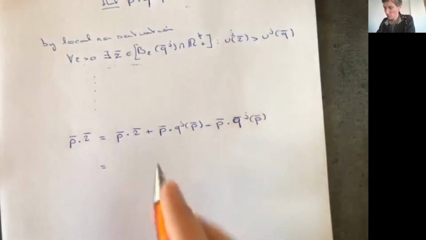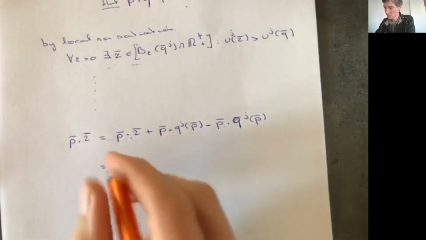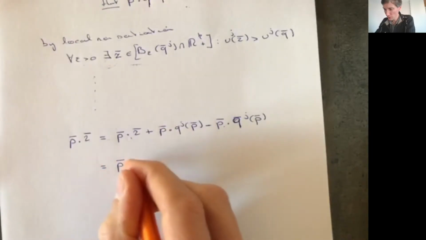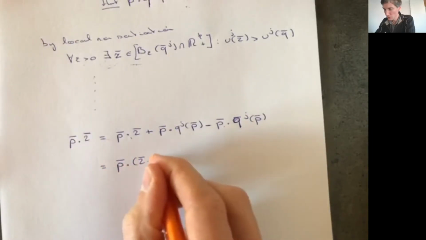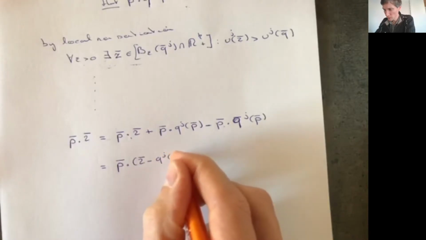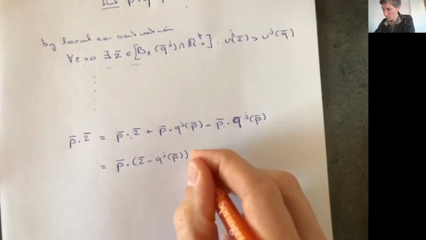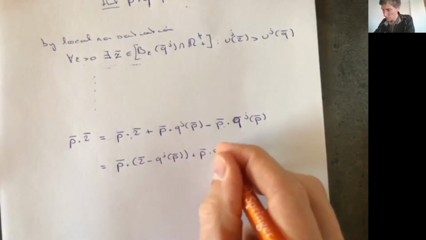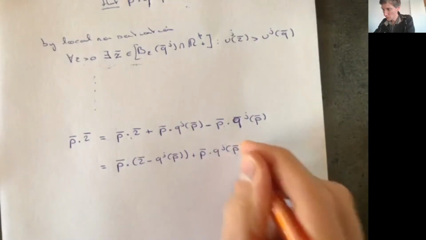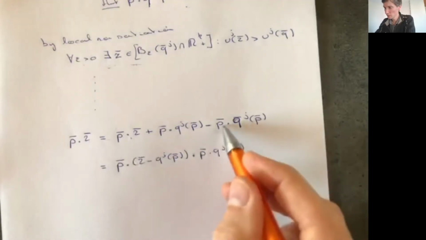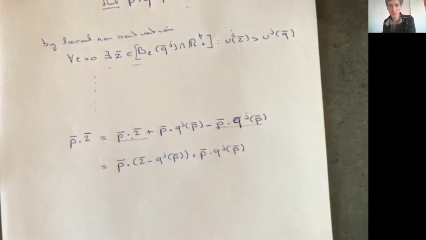Okay, so now let's take this one and this one together. So now we have P times Z minus Qj, and then we have plus P times Qj, right? So this is just bringing this and this together in this first term here.